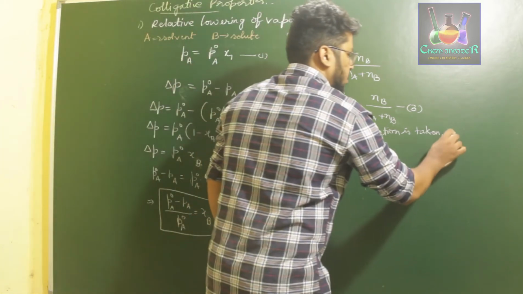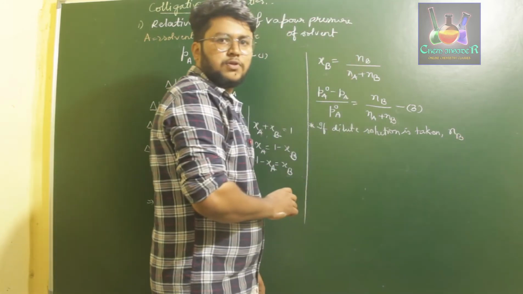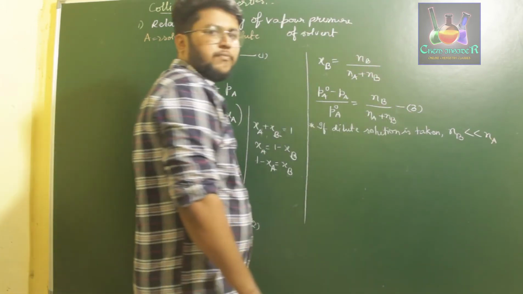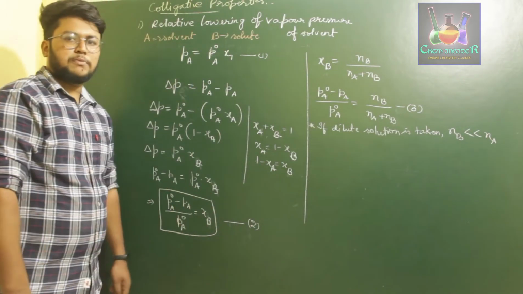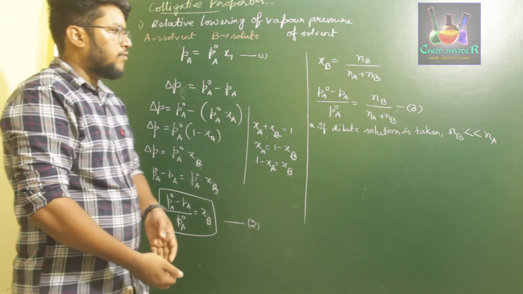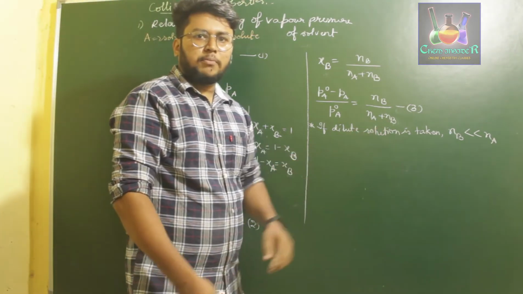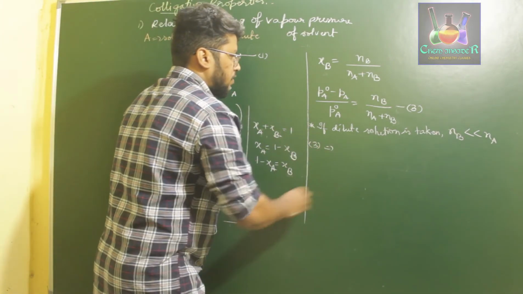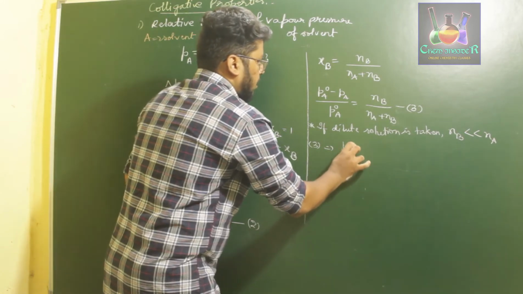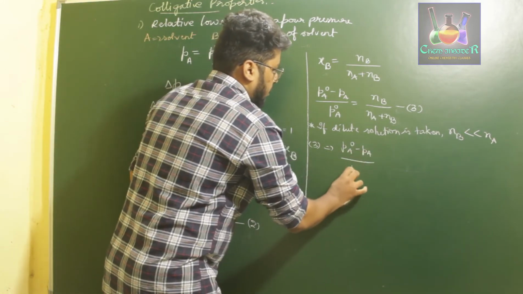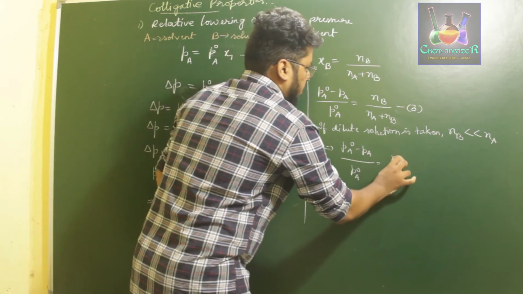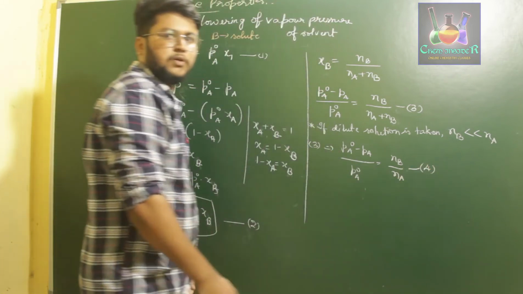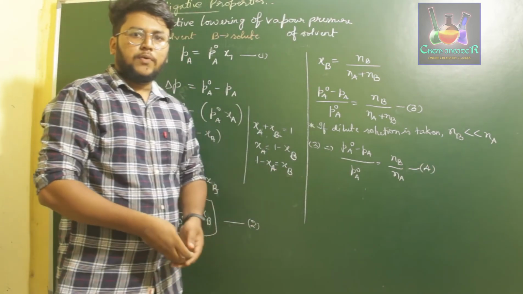The number of moles of solute is much less than the number of moles of solvent. Therefore, we can clearly ignore NB from the denominator. So equation 3 can be written as PA naught minus PA divided by PA naught equals NB divided by NA. Let us say this is our equation 4.